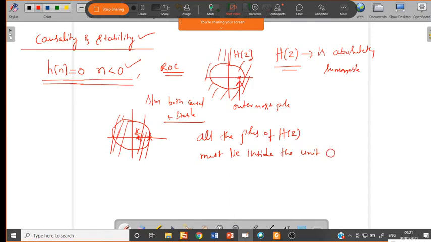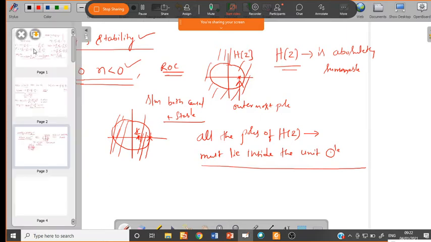If you want the system h of z to be both stable and causal, then all the poles of h of z must lie inside the unit circle. Then we can say the system possesses both causality as well as stability. Now we can take some problems and determine whether the system is causal or stable.